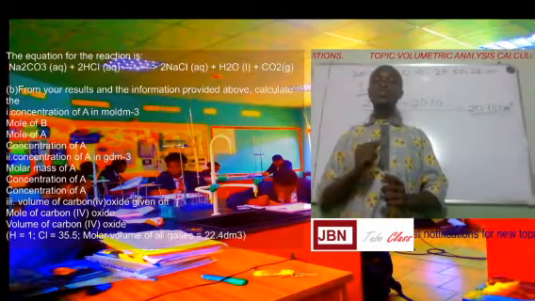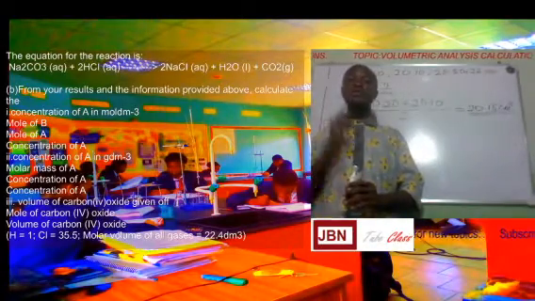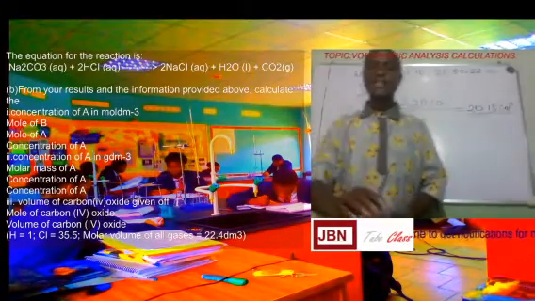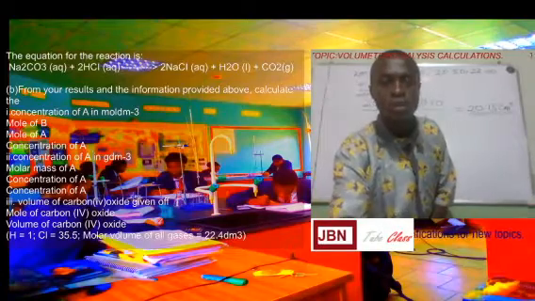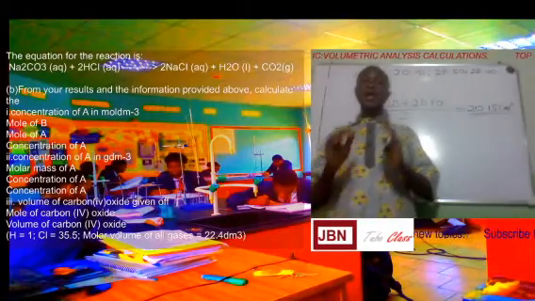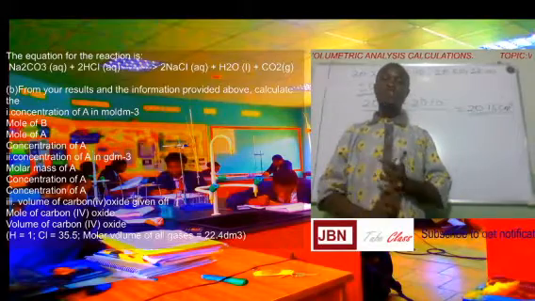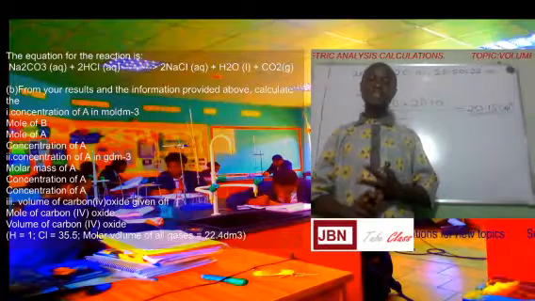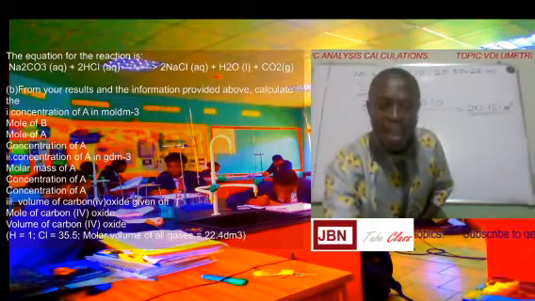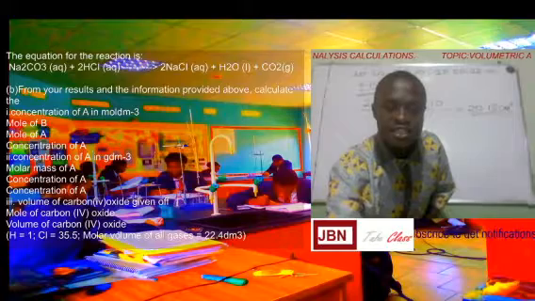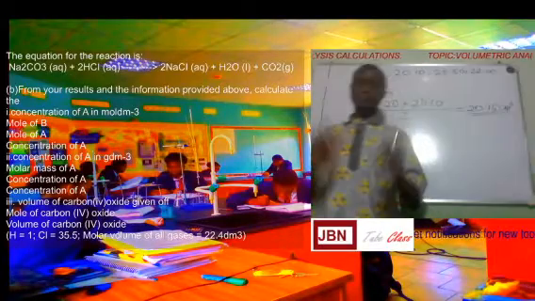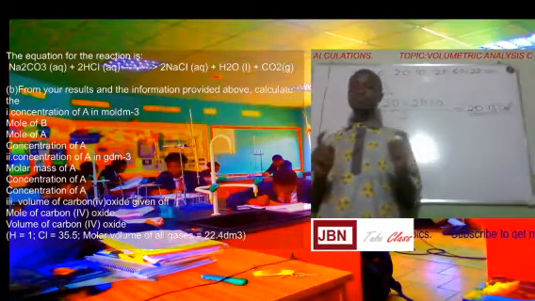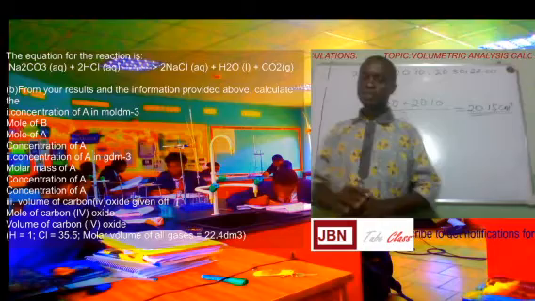Because if you look at the question very well, you will discover that the concentration of A is not known, and the only thing that we know from A is the value that we calculated from the titer values.